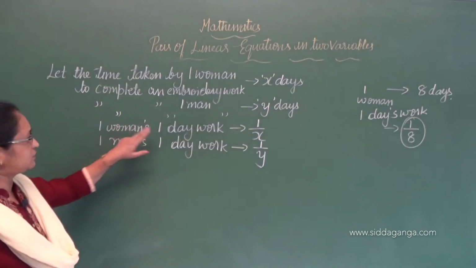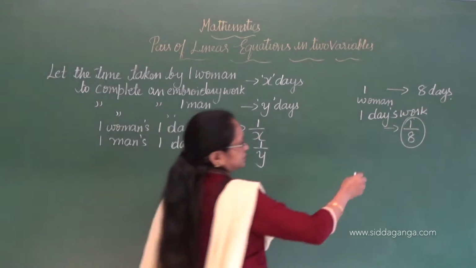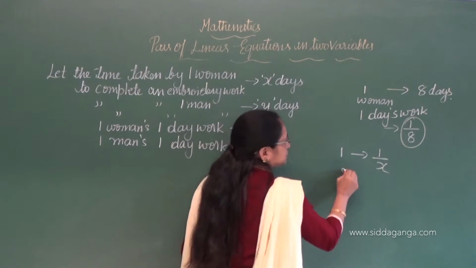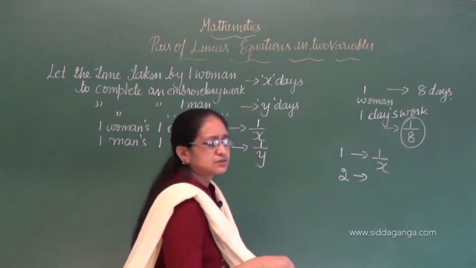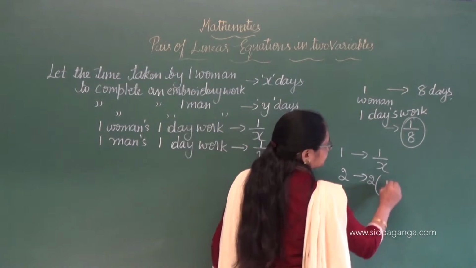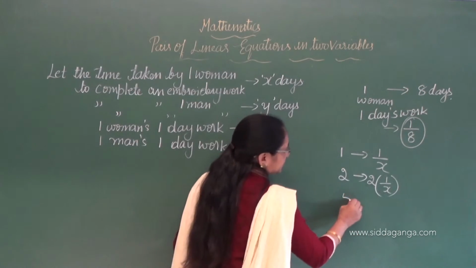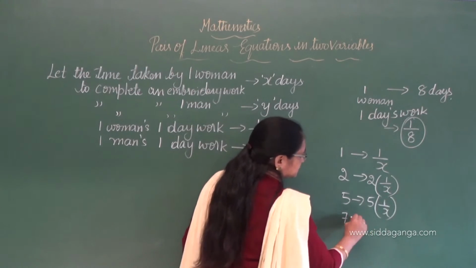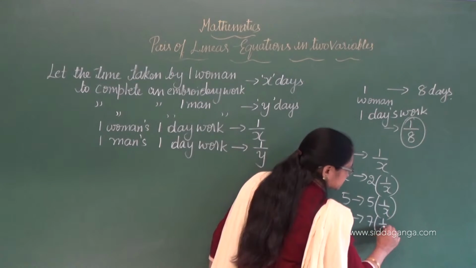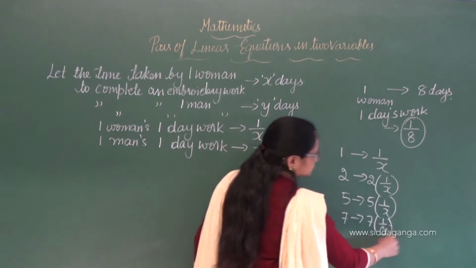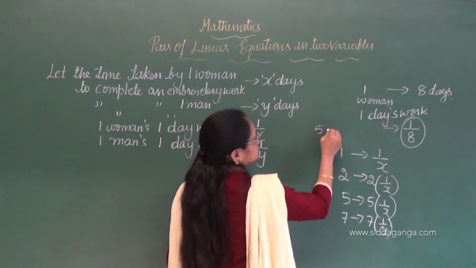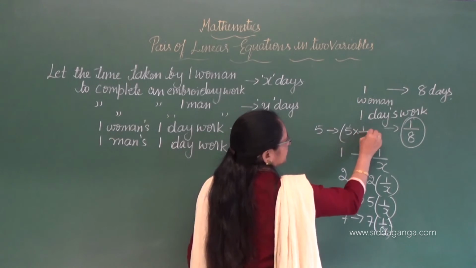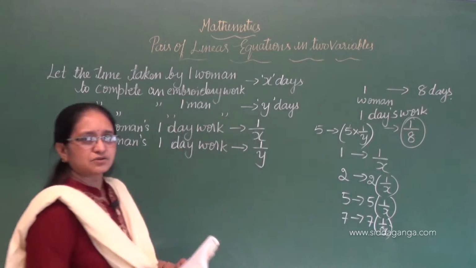See, this is one woman's work, one woman works for 1 by X. Then what about 2 women's work? So, what we will do? 2 into 1 by X. If it is 5, then 5 into 1 by X. If it is 7, 7 into 1 by X. The same way for men also. If it is 5 men, then it will be 5 into 1 by Y, correct? I hope it is clear now.